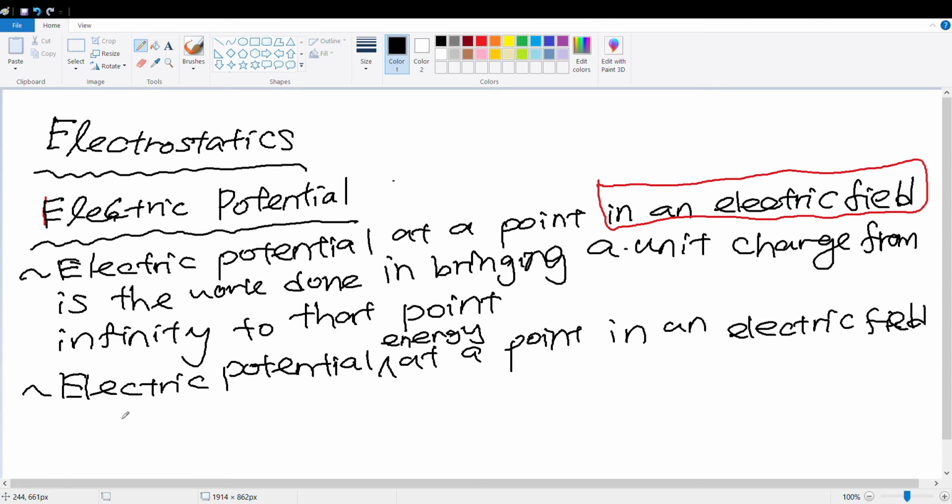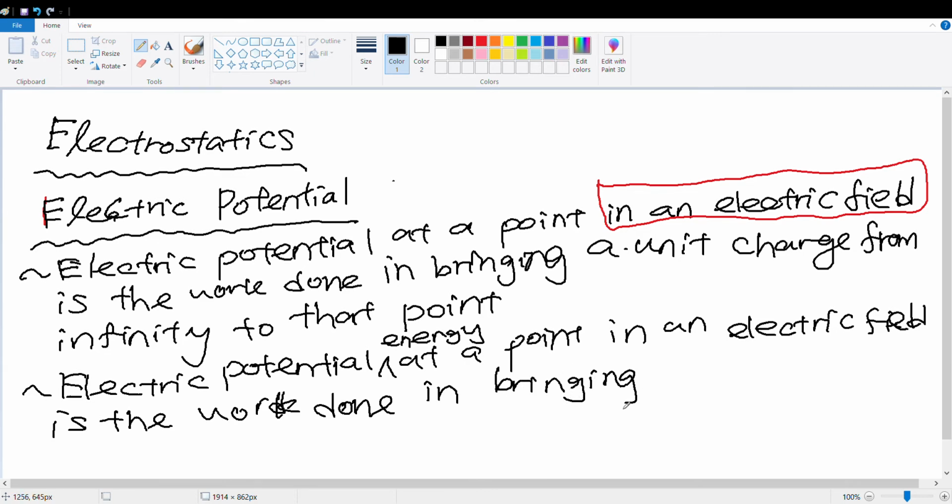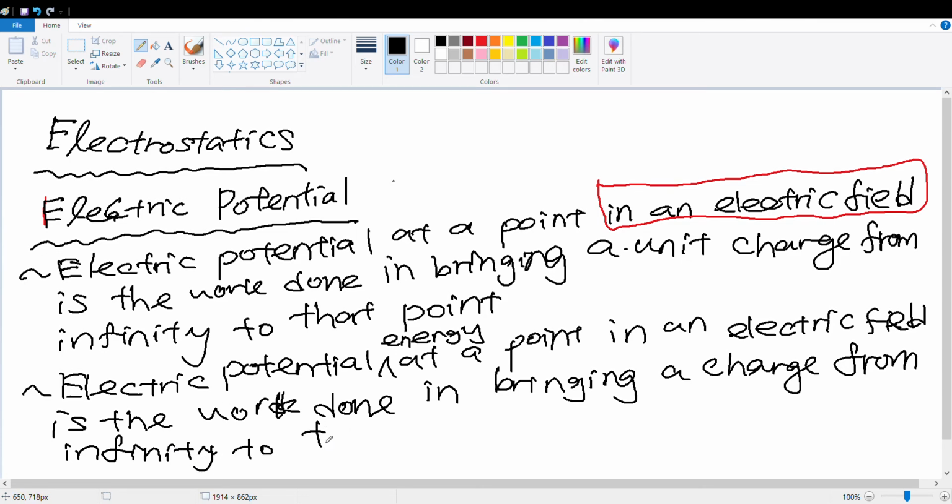Electric potential energy is the work done in bringing a charge from infinity to that point.